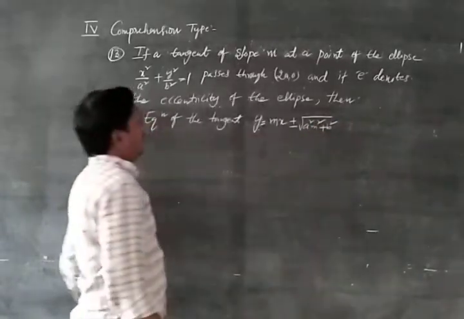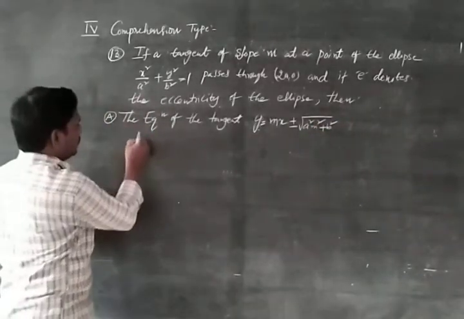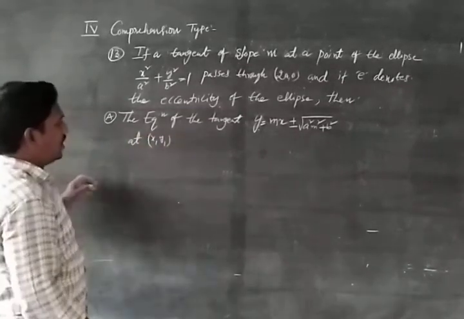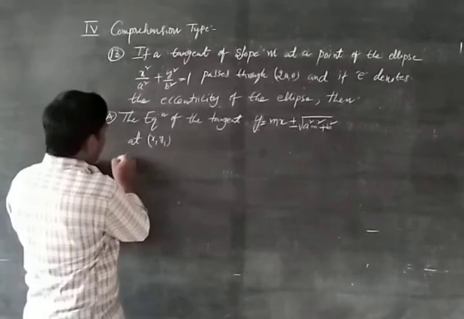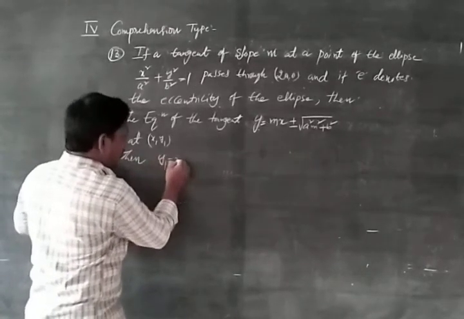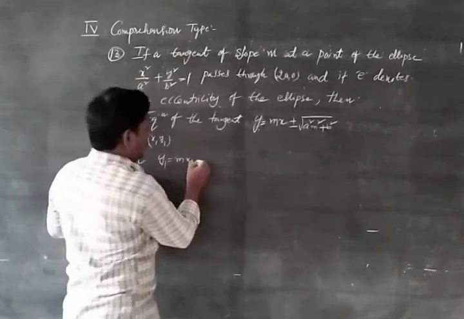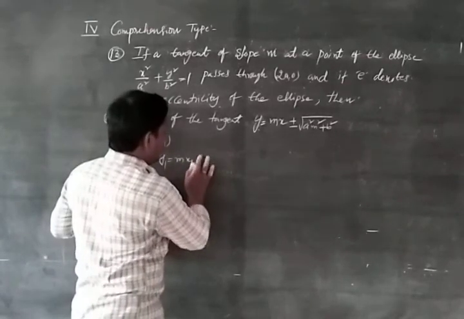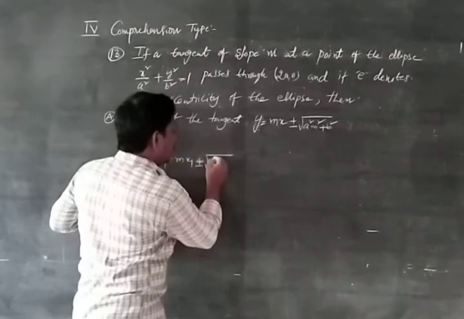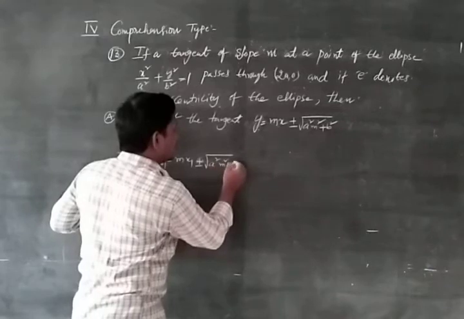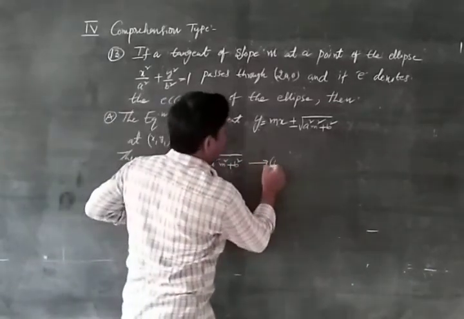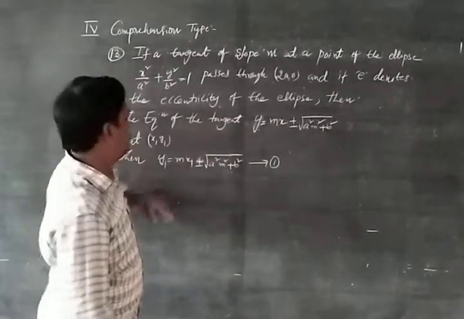Okay, if it passes through the point x1 comma y1, then y1 equal to mx1 plus or minus root a square m square plus b square. This is equation 1.